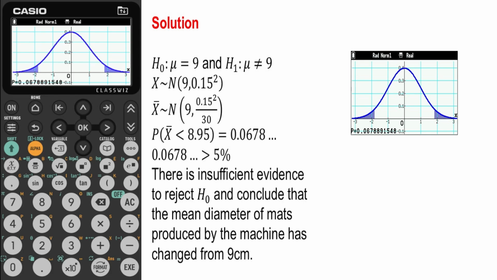Therefore, there is insufficient evidence to reject H0 and conclude that the mean diameter of mats produced by the machine has changed from 9 cm.